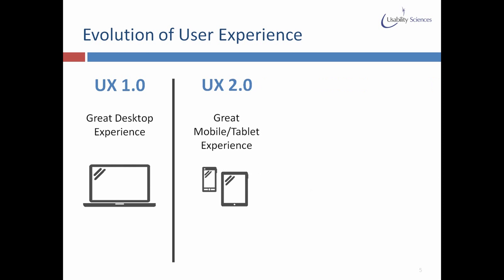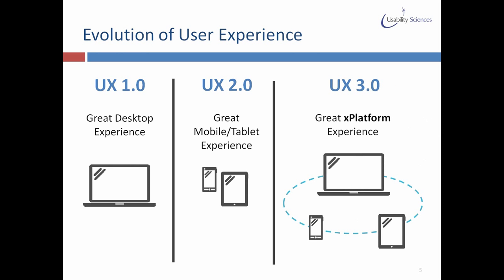And then UX 2.0, and this is the past 5 to 7 years, has really been all about ensuring you've got a great experience on the mobile and tablet platforms. And what we'll be talking about today is UX 3.0, and really it's about ensuring a great cross-platform experience. So not only on each type of device or platform, but from going from platform to platform, ensuring that is a great experience as well.